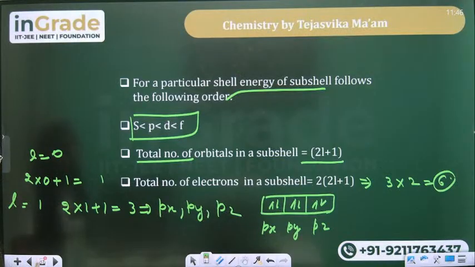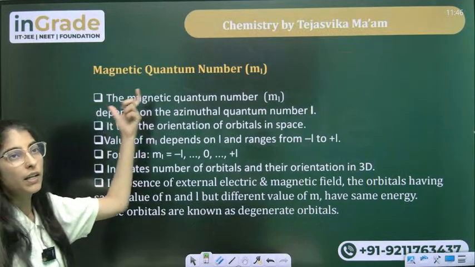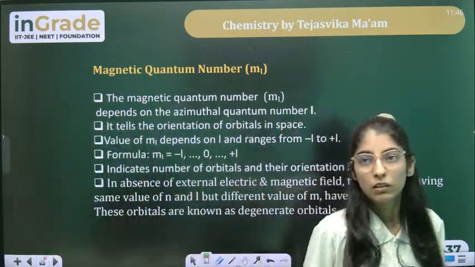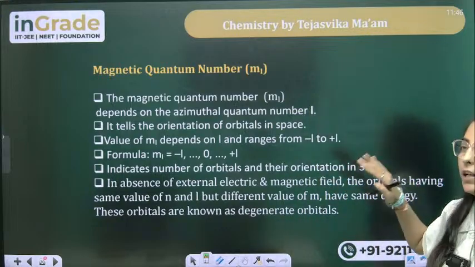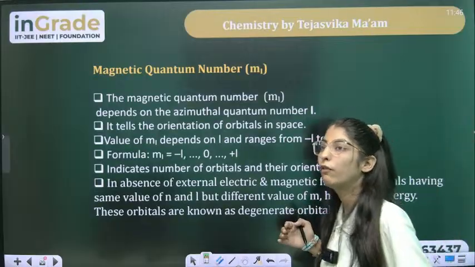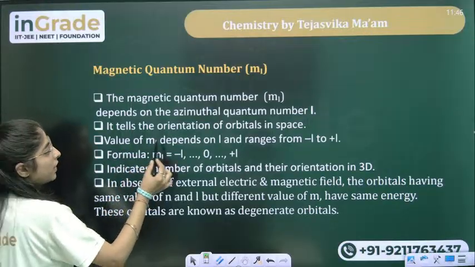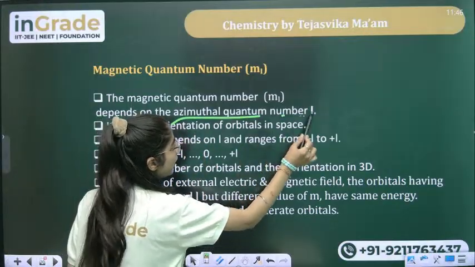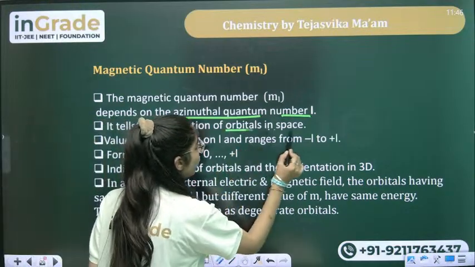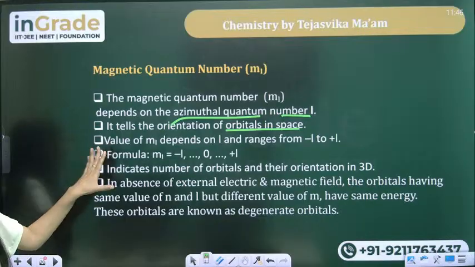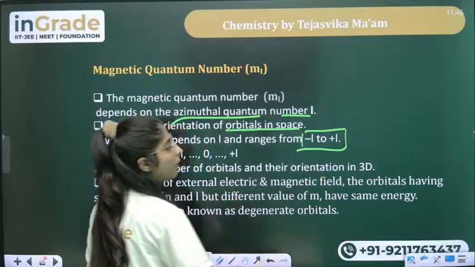Now let's move further and see the next point, that is your magnetic quantum number. Your magnetic quantum number simply helps you to identify the orientations, or I would say the shapes. This quantum number depends upon your azimuthal quantum number, that is l, and it gives you the orientation of the orbital in space. So the value of ml depends upon l, and it lies between minus l to l.